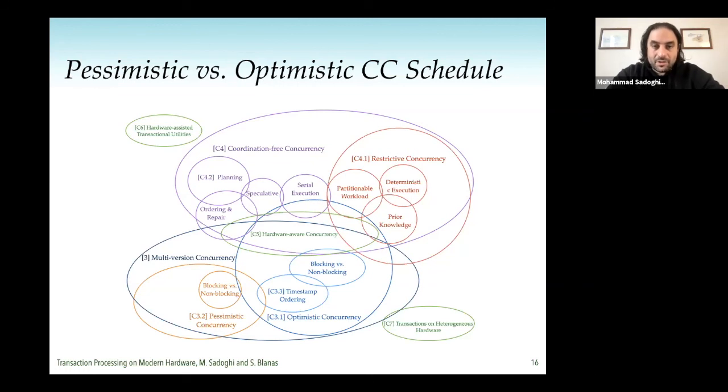There we looked at all the different transaction mechanisms explored in the last 20 years, whether optimistic or pessimistic, blocking or non-blocking, using restrictive or no coordination, using multi-version, where records have many versions, or using timestamps. So there's a lot of different interesting work done in this space.